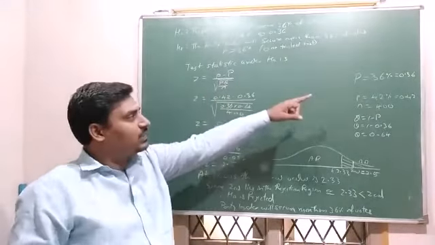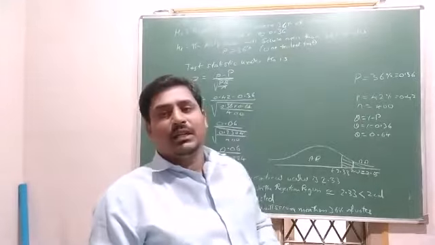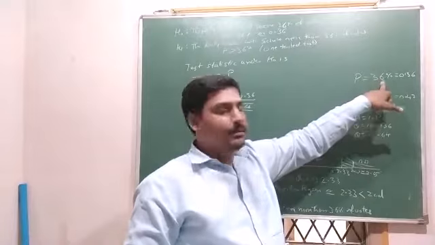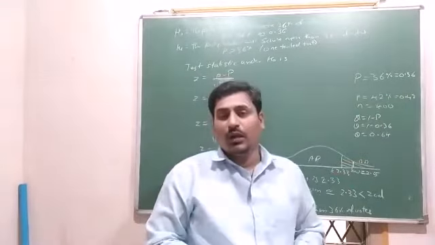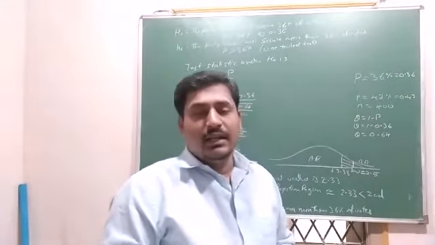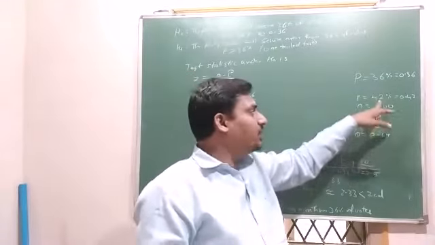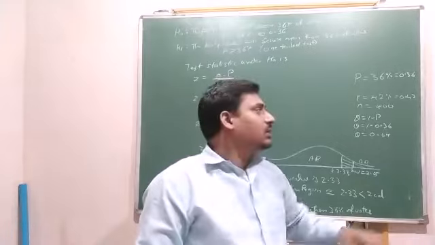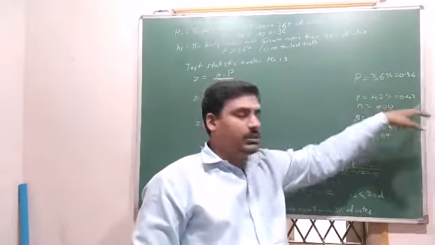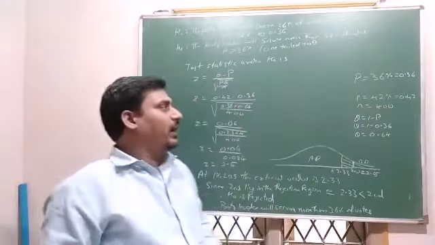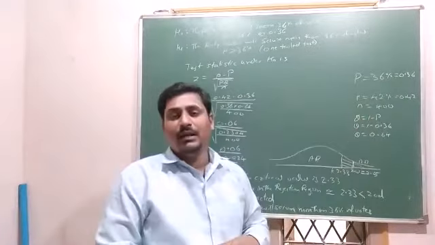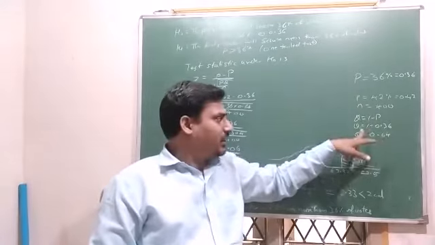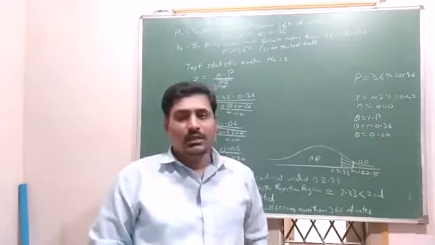So the population proportion they have claimed is more than 36%. So 36% is the capital P, and out of 400 candidates, 42% revealed that they will vote for this particular party leader. So small p is 42% or 0.42, n is 400, and q is equal to 1 minus p, that is 0.64.